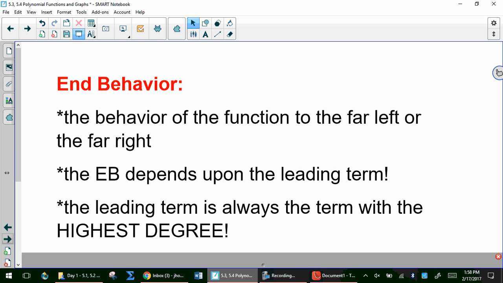Going back to that negative x to the 7th over 100 example, it was negative, and the highest degree of all the terms was the 7th degree. So now that we know what the degree is and whether it's positive or negative, we can generalize how this graph will begin and how it's going to end.